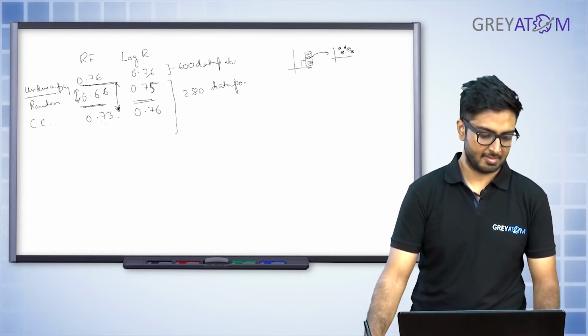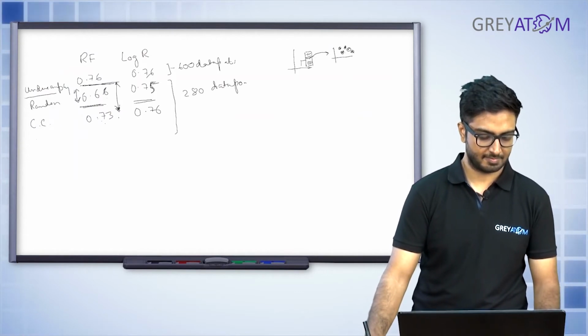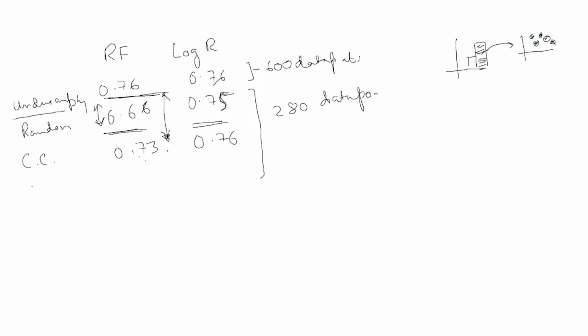For Tomek Links, the performance is almost 0.73 here, and here it has gone up to 0.77. All of these are on roughly 280 points. As you can clearly see, the performance has stayed almost similar because there's not much of a difference here. And I've already explained to you, both of these are really good.